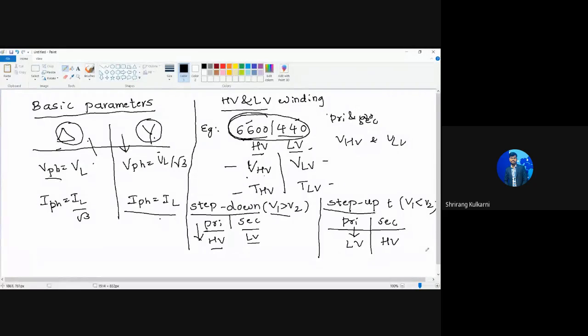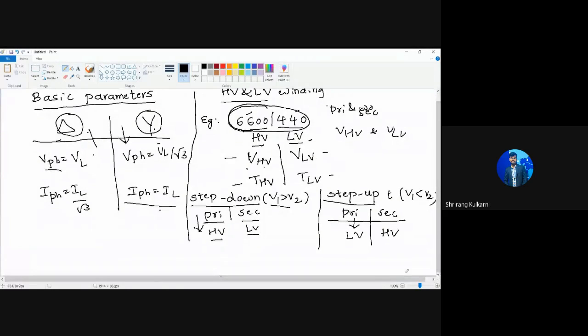Now we have to calculate this. How to calculate THV here? Just two formulas we have. One is THV by TLV is equal to VHV by VLV, just like T2 by T1 is equal to V2 by V1.